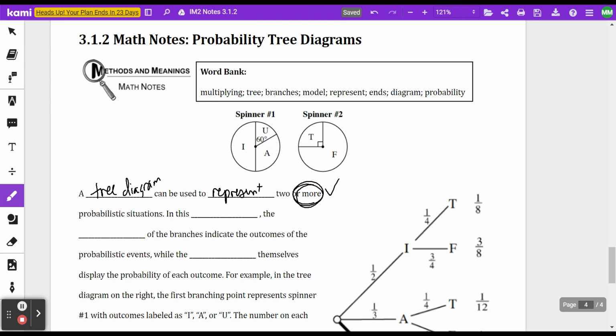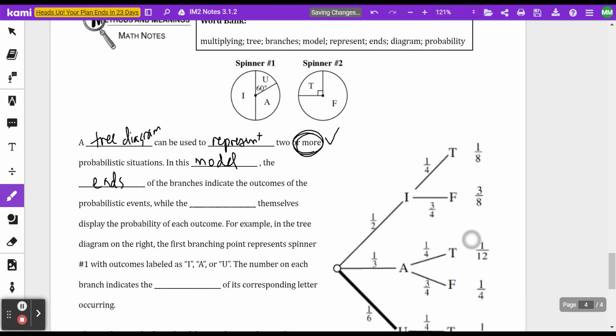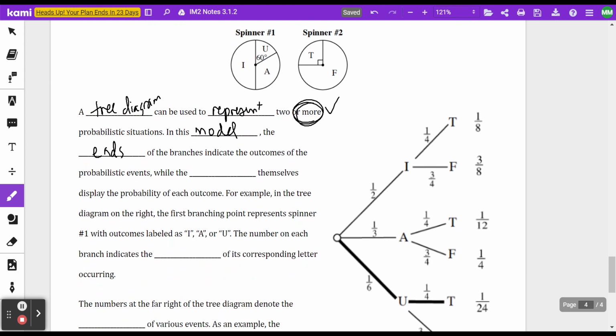In this model, the ends of the branches indicate the outcomes of the probabilistic events, and the branches themselves display the probability of each outcome.